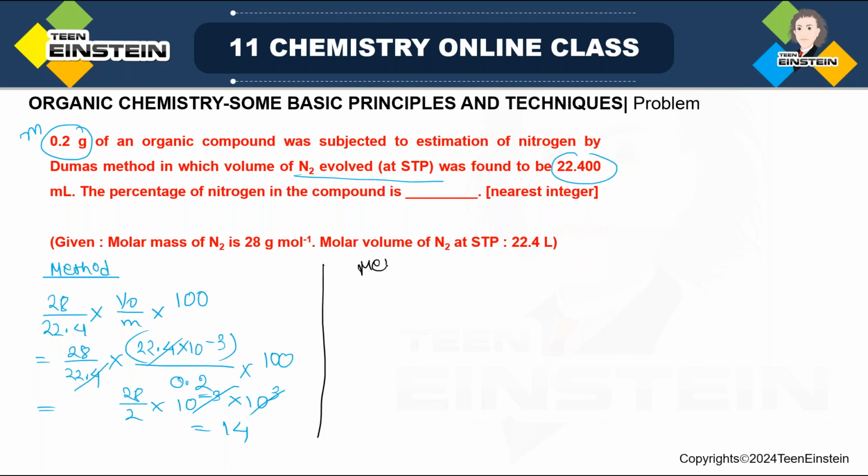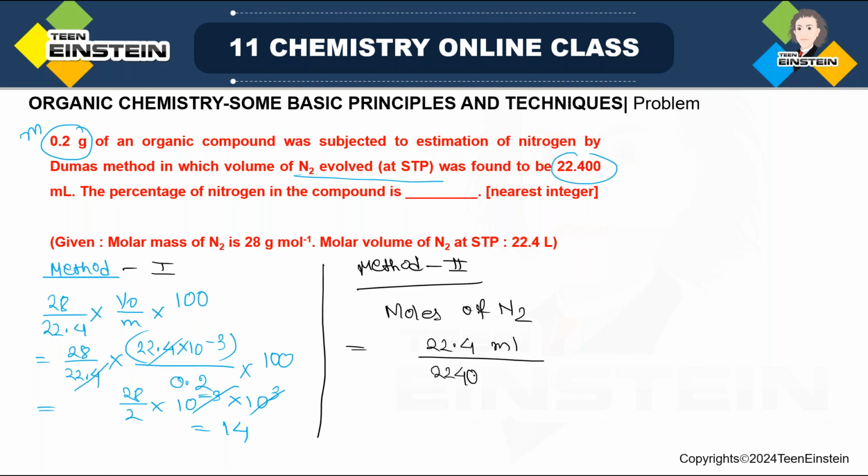Now another way also we can solve this problem. What we'll do, we will first find out the moles of nitrogen. So moles of nitrogen, this is the given volume in ml at STP, and we know at STP, 22,400 ml is the volume of 1 mole of any gas, and if you consider it in liter, it will be 22.4.